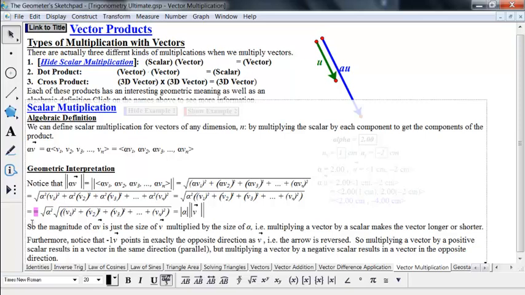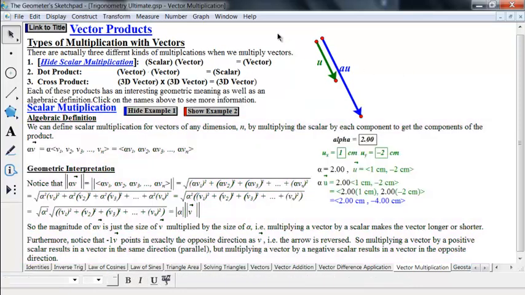The square root of alpha squared is the absolute value of alpha, and this other part is exactly the norm or magnitude of v. And so we see that the magnitude of alpha times v is the absolute value of alpha times the magnitude of the original vector v.